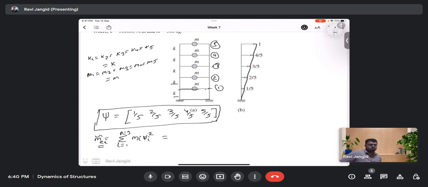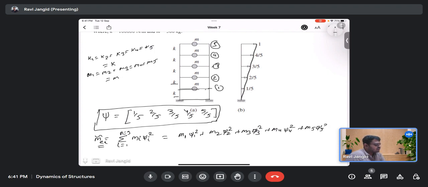It is 2.2 m. Yes, it is coming like that. So how do we do that? That is mi, so m1 into phi 1 square, m2 phi 2 square, m3 phi 3 square, m4 phi 4 square, m5 phi 5 square.